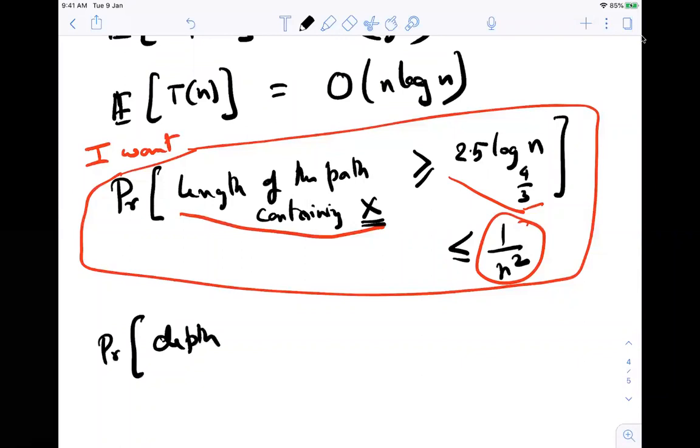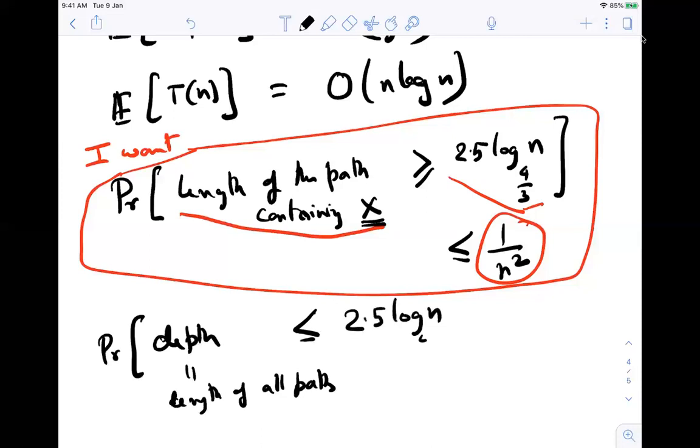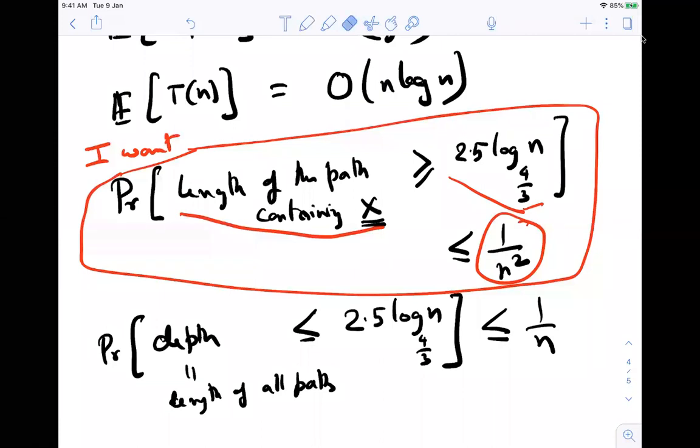So this means that the lengths of all paths are less than 2.5 log n base 4/3. This is by the union bound. This is less than 1/n. So, sorry, this is more than 1 minus 1/n.